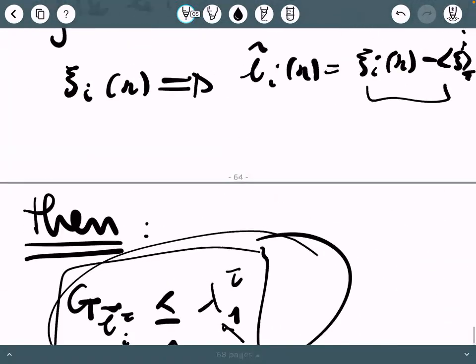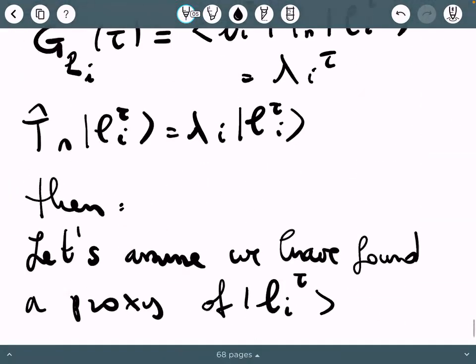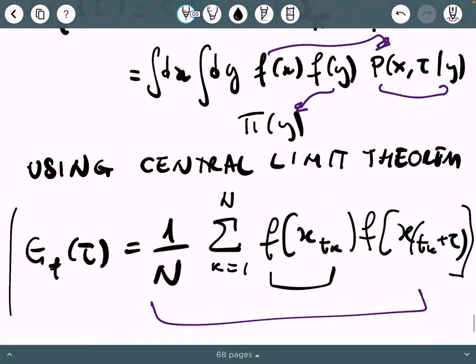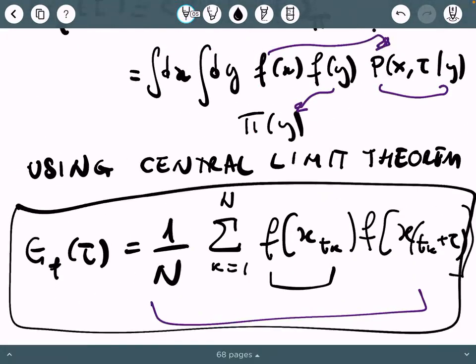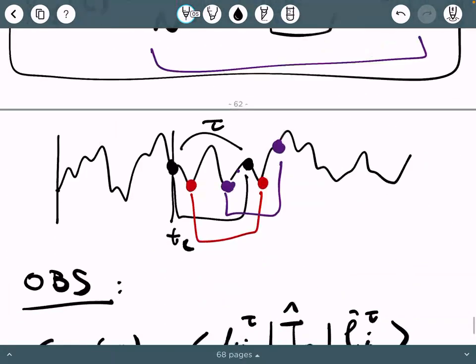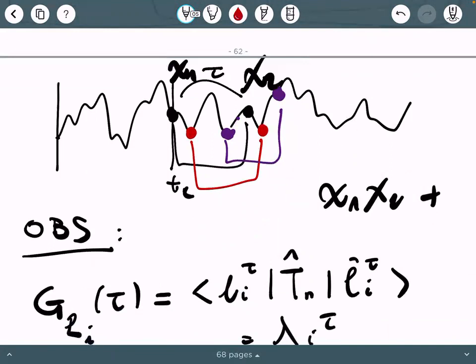Evaluating that matrix element essentially means evaluating the time correlation function, which means take your stochastic trajectories, compute the value of K1 here, compute the value of K2 here, and take the product K1 and K2, plus then do it at a later time, K1 and then K2, then do it at a later time, K1 and K2, sum all of this, take the average, and that's for time tau, okay?